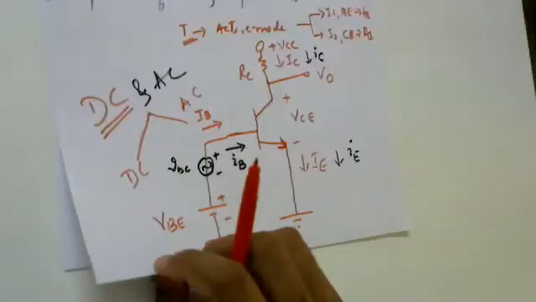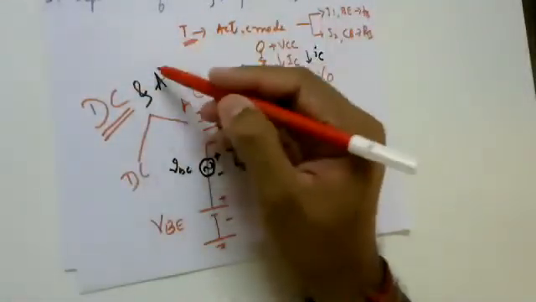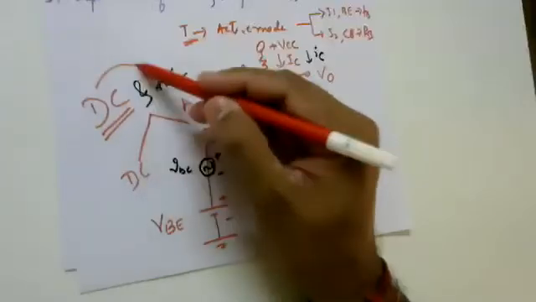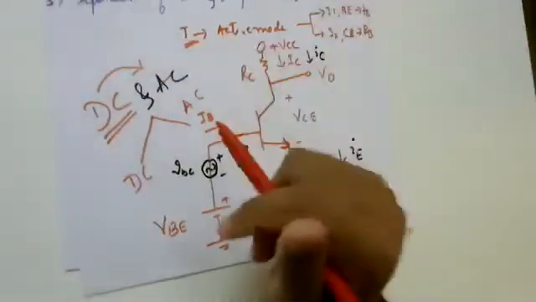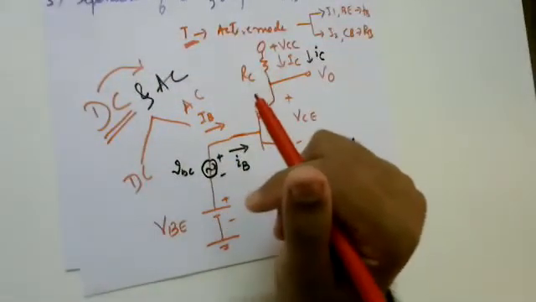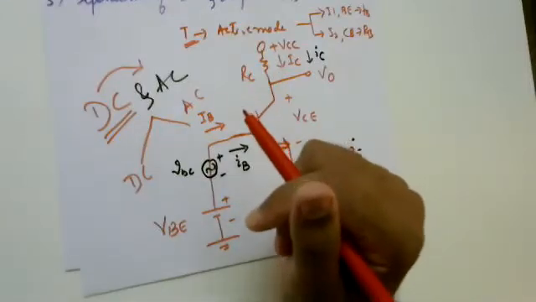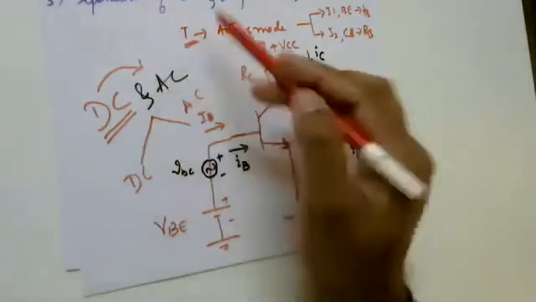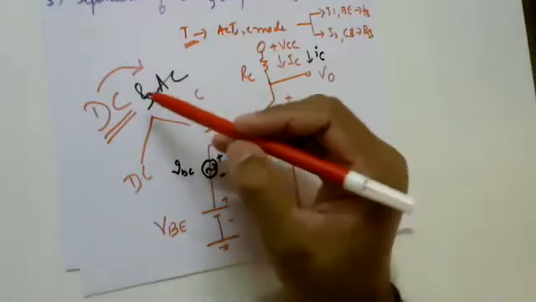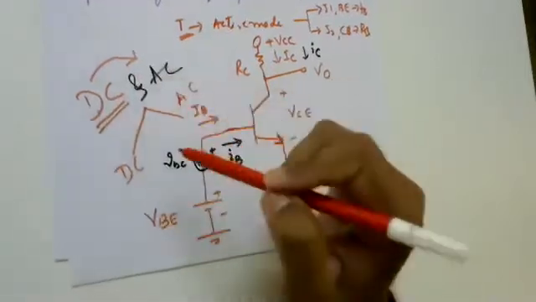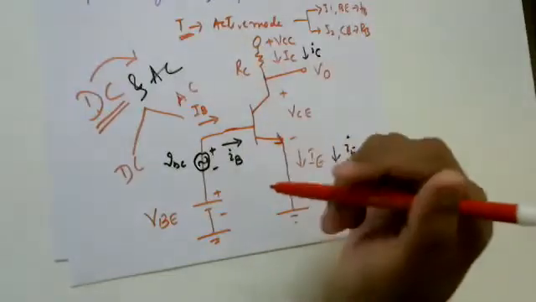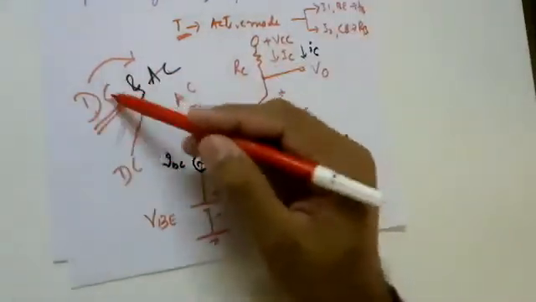So, what is the thing that you people should remember? If you want to convert a given circuit from a DC circuit to an AC circuit, what's the change you're going to do? Any change you'll be doing?